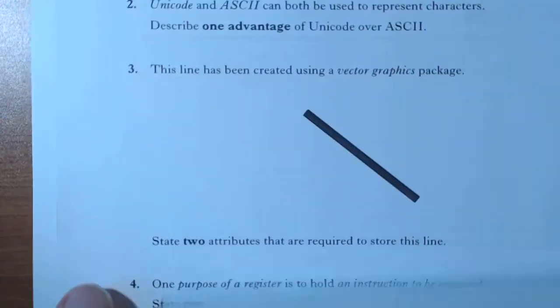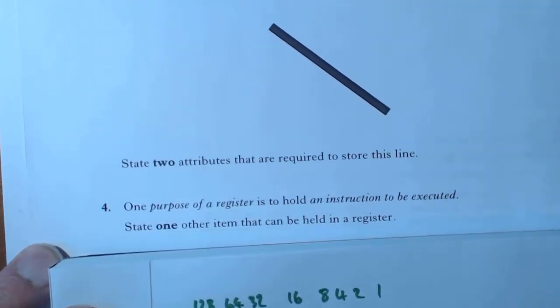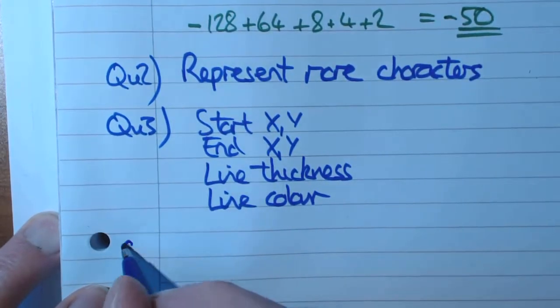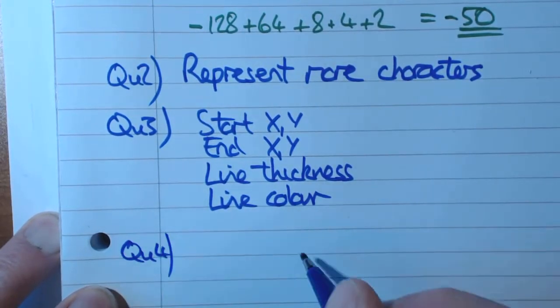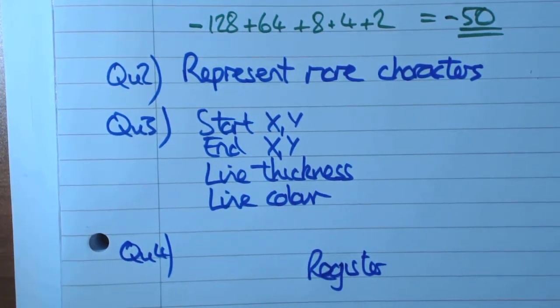Right, so question 4 is you've got a register and you've got instructions held in it. What else do you have? So if I just put question 4 down there, you've got a register, so these temporarily hold data within the processor, right?